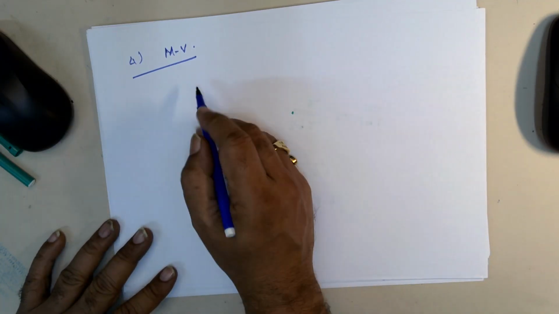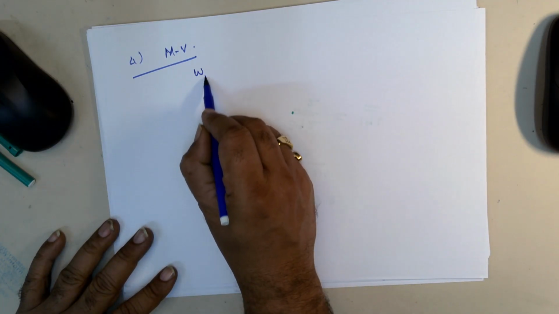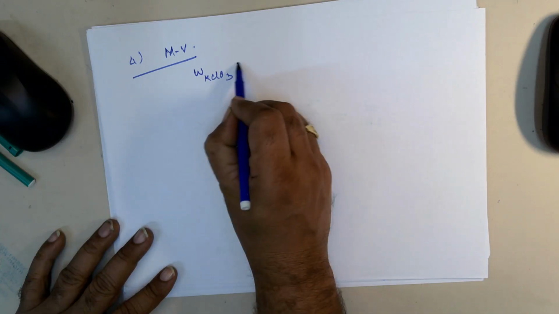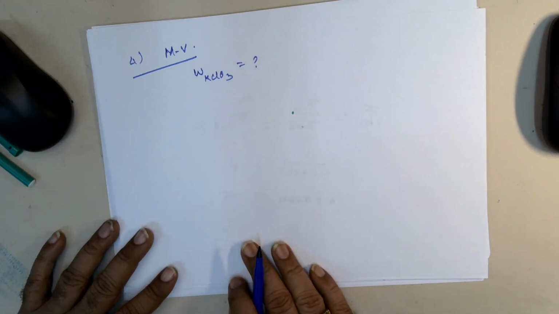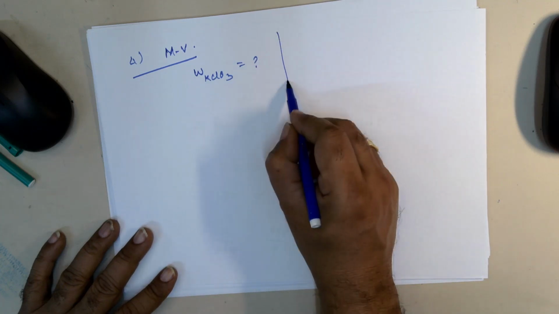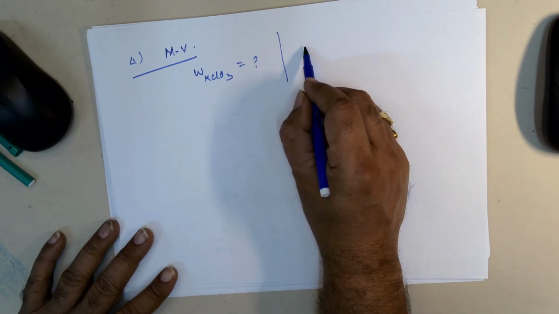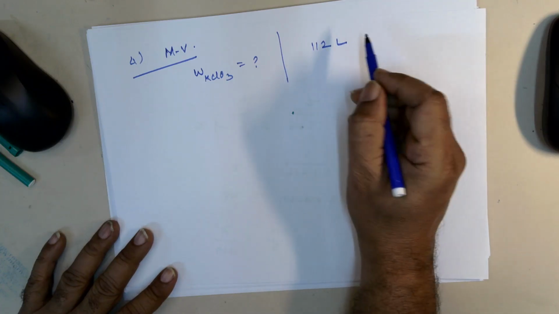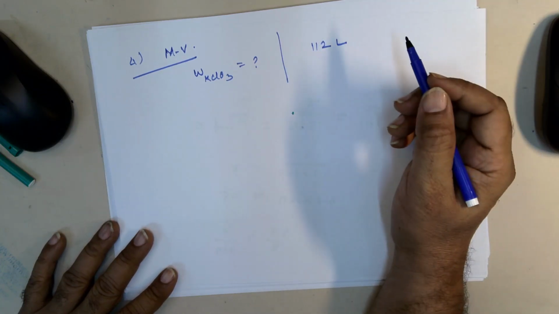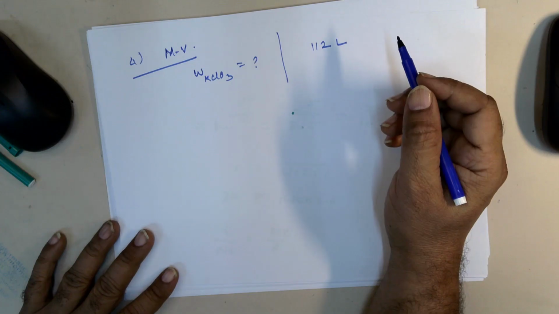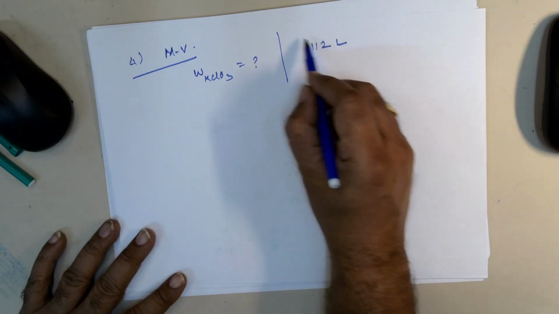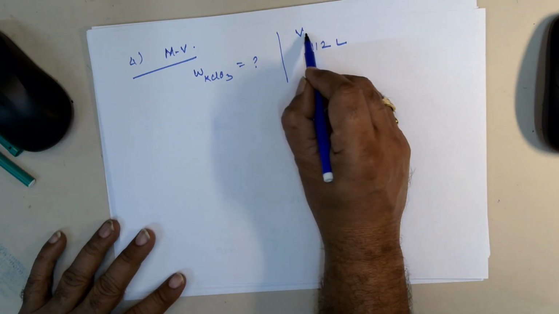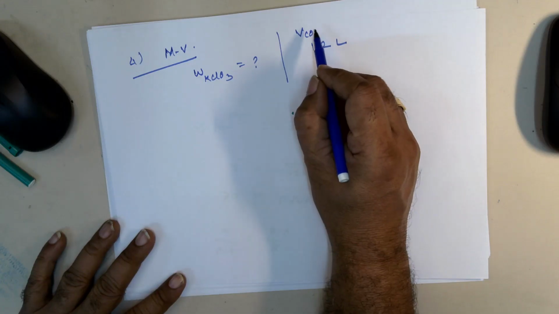Calculate the amount of KClO3 needed to supply sufficient oxygen for burning 112 liters of carbon monoxide.